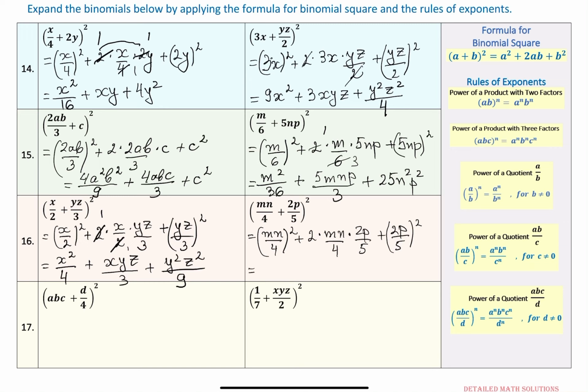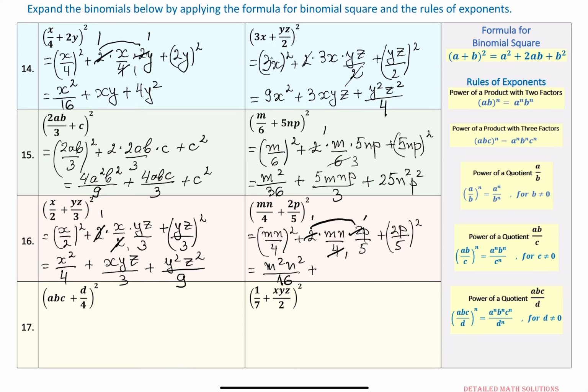We use the power of a quotient rule and distribute the exponent 2 to each factor. This way we get m squared n squared over 4 squared, which is 16 for this first term, plus here we have 2 times 2, which is 4 in the numerator, and we have 4 in the denominator, so they cancel out and we get ones.